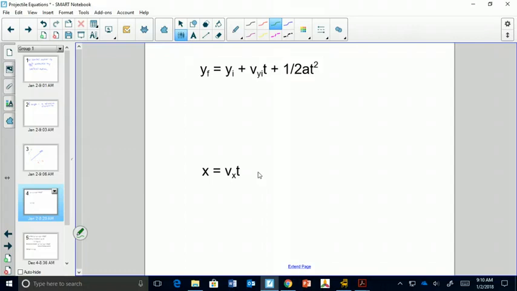And how far from the end of the counter does it land? So there's two things we're trying to find, right? Time and range. Range is a distance. Yep, it's an x distance. How far away from where you shot it from.